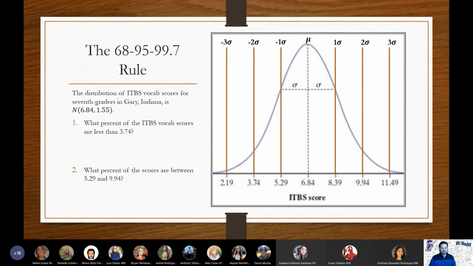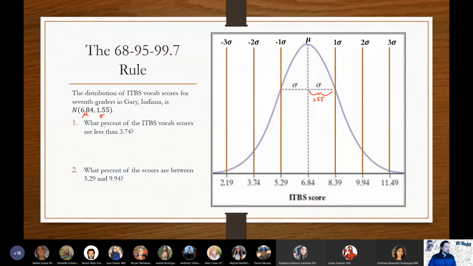So again, the first number in this notation is mu, our mean. And the second number is the standard deviation sigma. Okay, so that means that this right here represents 1.55 units, whatever the unit of the score is.